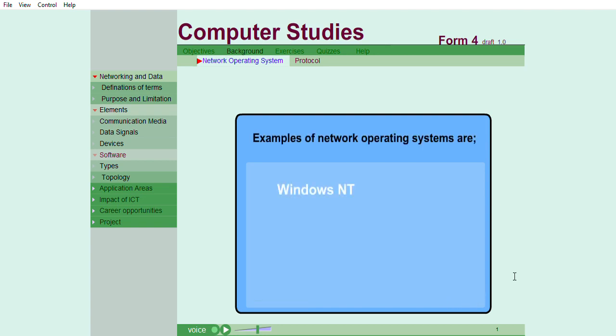Examples of network operating systems are Windows NT, Unix, Linux, and Novell NetWare.